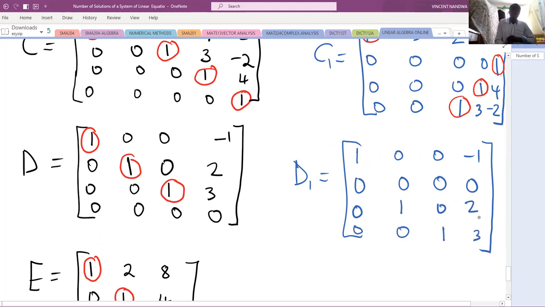If you compare the leading ones of the non-zero rows, they are always to the left. The upper one is always to the left of the lower one, but it has a zero row, or a row with all elements zero, which is not at the bottom. So this is a problem. This is what makes this one not be row echelon form, because it must be at the bottom.